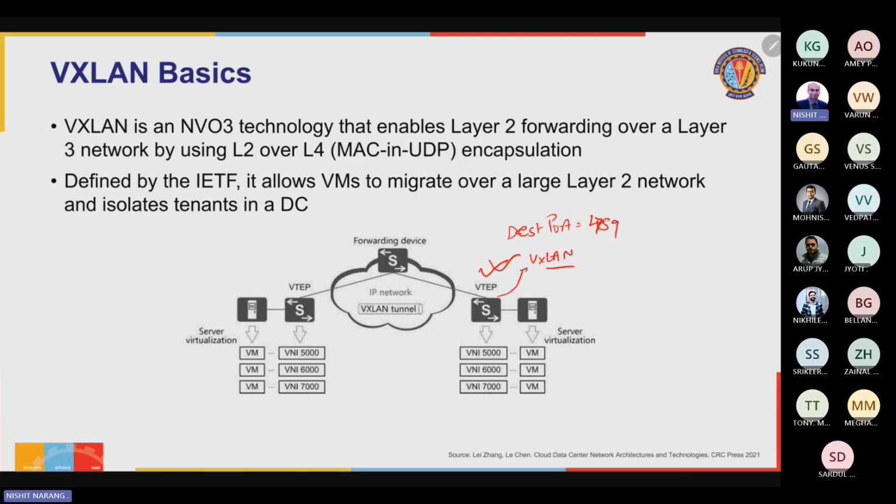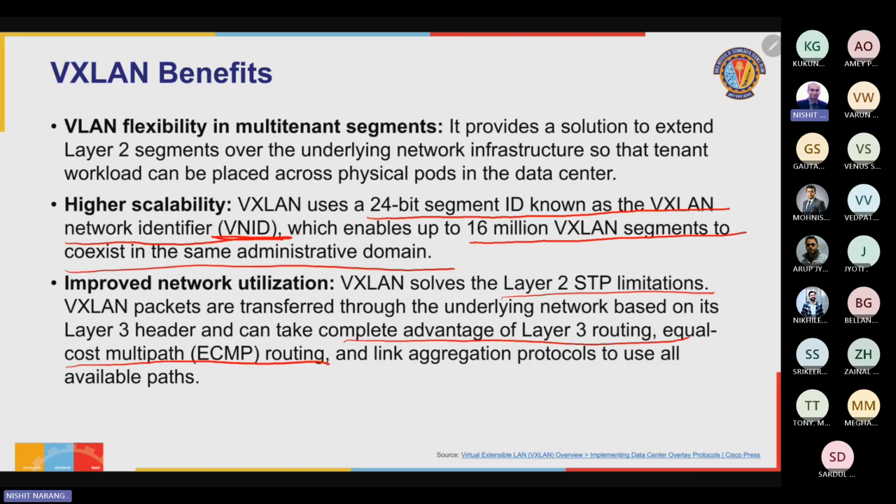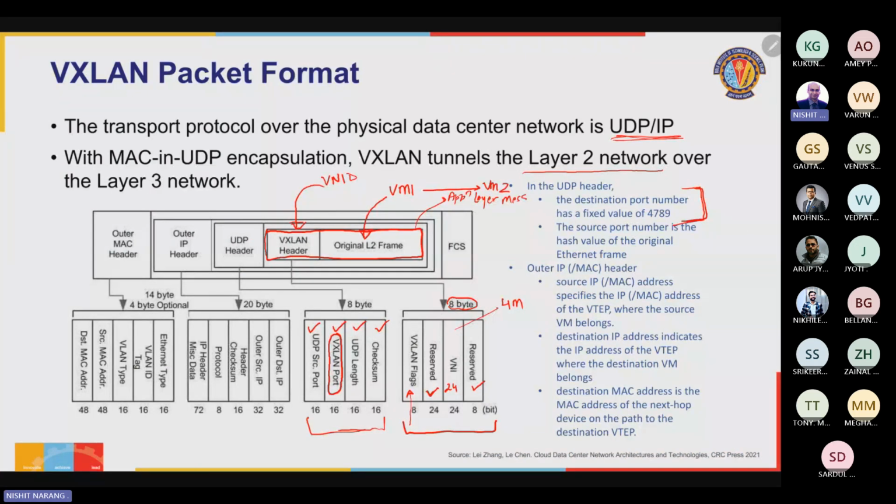It's meant for the VXLAN protocol. The UDP packet has to be decapsulated and given to the VXLAN protocol. So think of VXLAN like an application layer sitting on top of UDP, and it has its own destination port number, 4789.